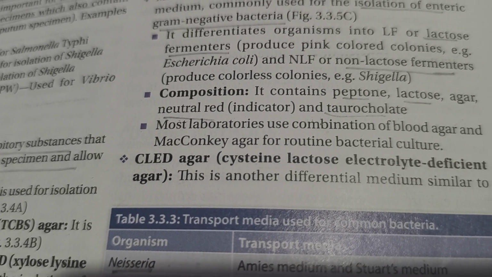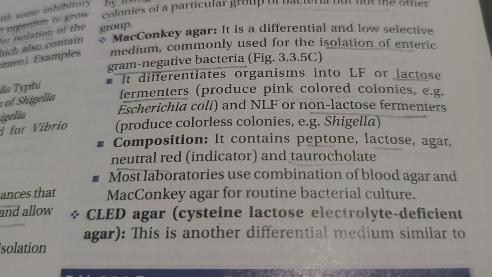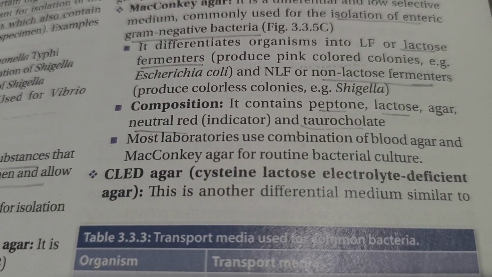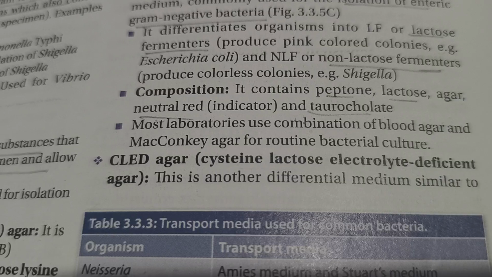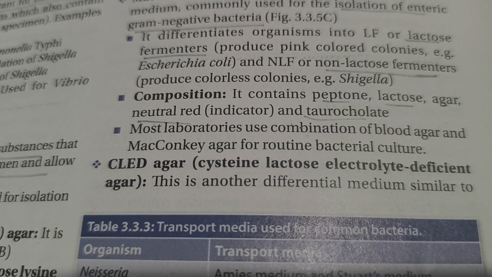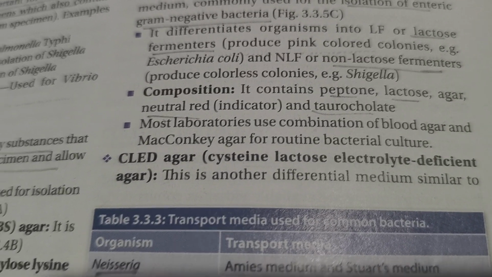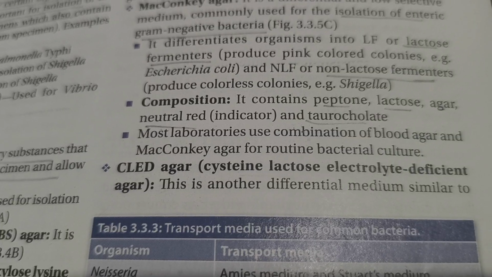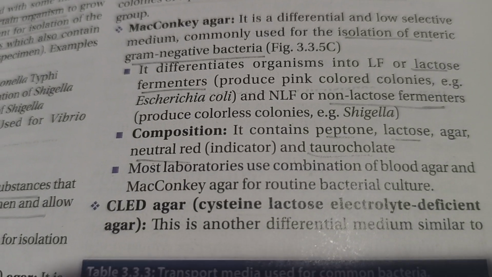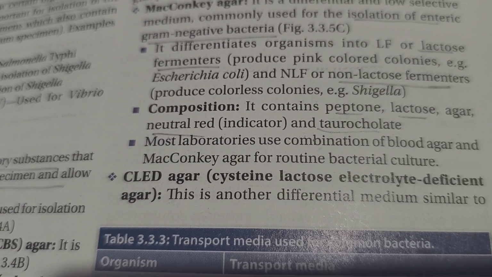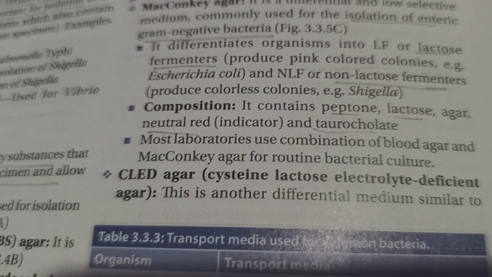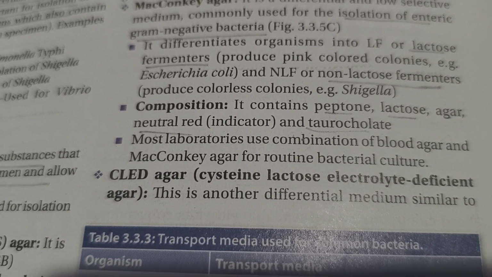The composition of MacConkey agar is peptone, lactose, agar, neutral red indicator, and taurocholate. Most laboratories use a combination of blood agar and MacConkey agar for routine bacterial culture.